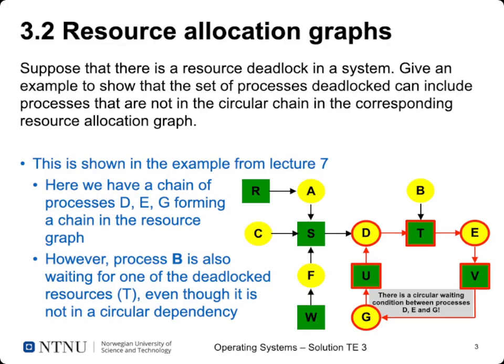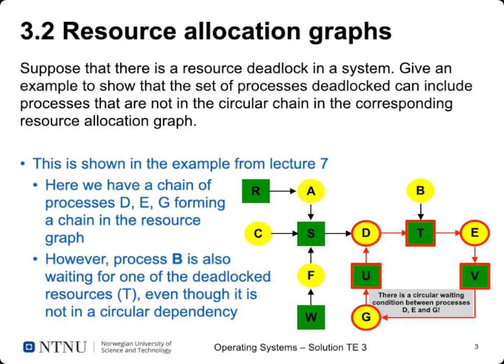So here D holds resource U and requests resource T. Resource T is held by process E, which requests resource V, and resource V in turn is held by process G, which, and this closes the circle, has an outstanding request for resource U. So if none of these is willing to give up the resource request, and we've seen the three necessary conditions, and the first condition is that we have a circle in that graph to create a deadlock.